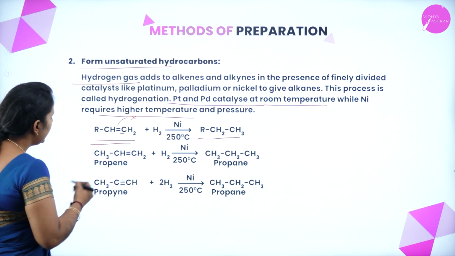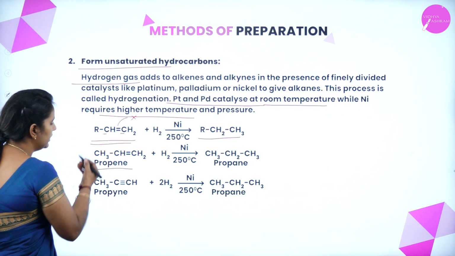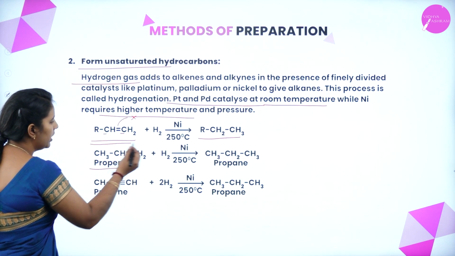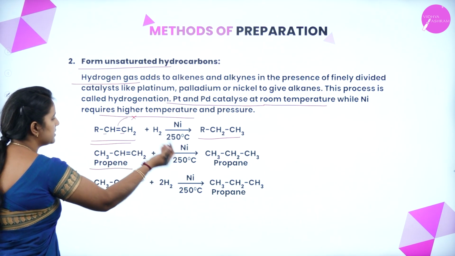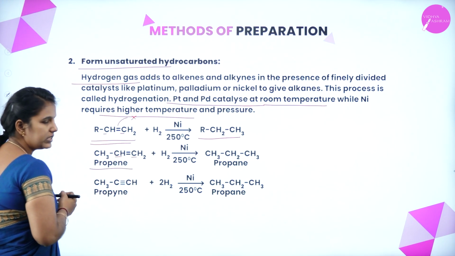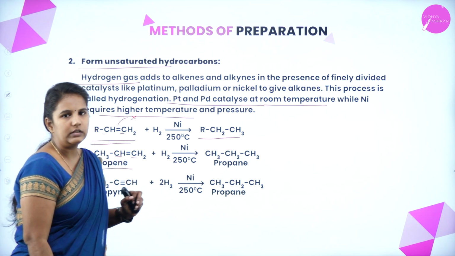Okay. Here also I am taking one more example for the alkene, that is CH3CH double bond CH2. If you are adding hydrogen in presence of nickel as a catalyst, it goes and attacks the first and second carbon atom and forms propane.